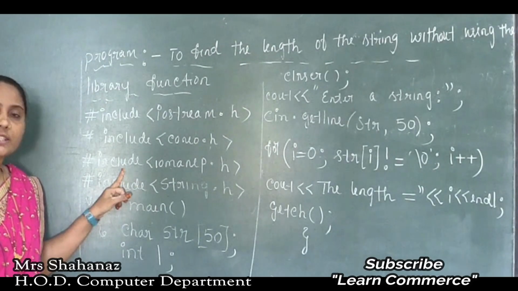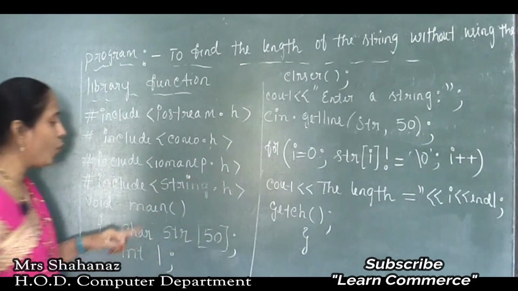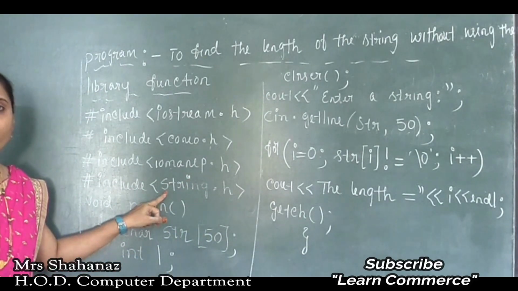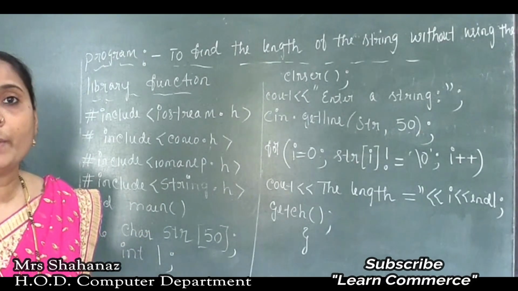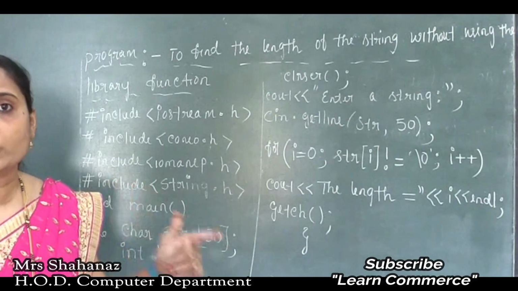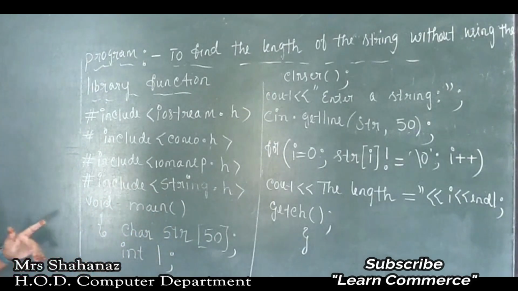And we need one more header file, string.h. In case you are going to use a number of characters, a group of characters, in the program, then we need to use the header file string.h.